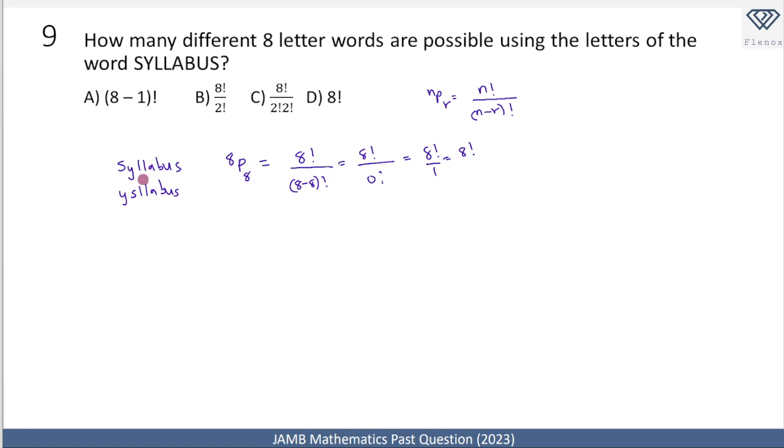So that reduces the number of possibilities in which you can select different letters, because for the letter L and for the letter S, it does not matter in what order they appear, because they are the same letter. So what does that mean? That means we have to divide our results by the factorial of the number of times we have repeating letters.